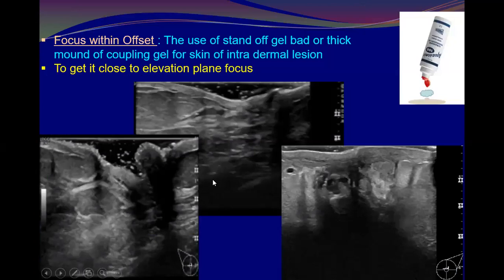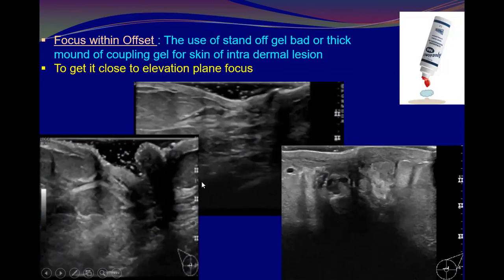So these are my cases. This is a young lady presented with nipple retraction, and here this is a duct in chronic ductectasia. She has chronic ductectasia causing this.